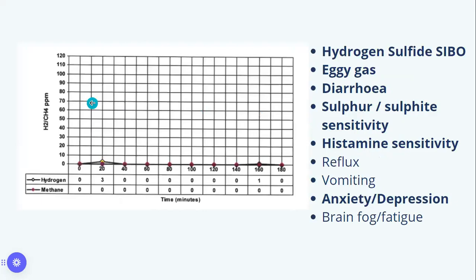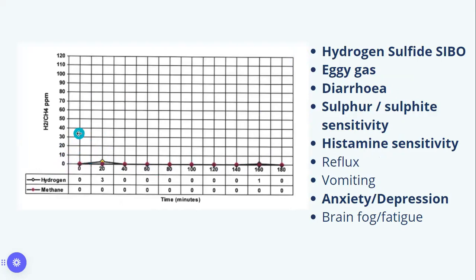And then finally, the last type would be the hydrogen sulfide type of SIBO. And this is particularly nasty because it shows up as a flat line. And often you'll get a report that says you're SIBO negative or you're IMO negative, but actually this flat line means that you are hydrogen sulfide positive.